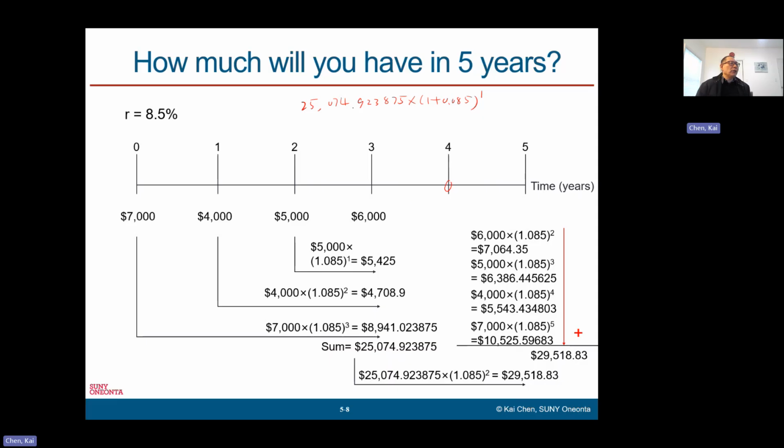Here, when you do the calculation, I want to point out that in this case, this number is an intermediate result. Some students would like to write this number down on paper, and then in the calculation, type this number into the calculator again.